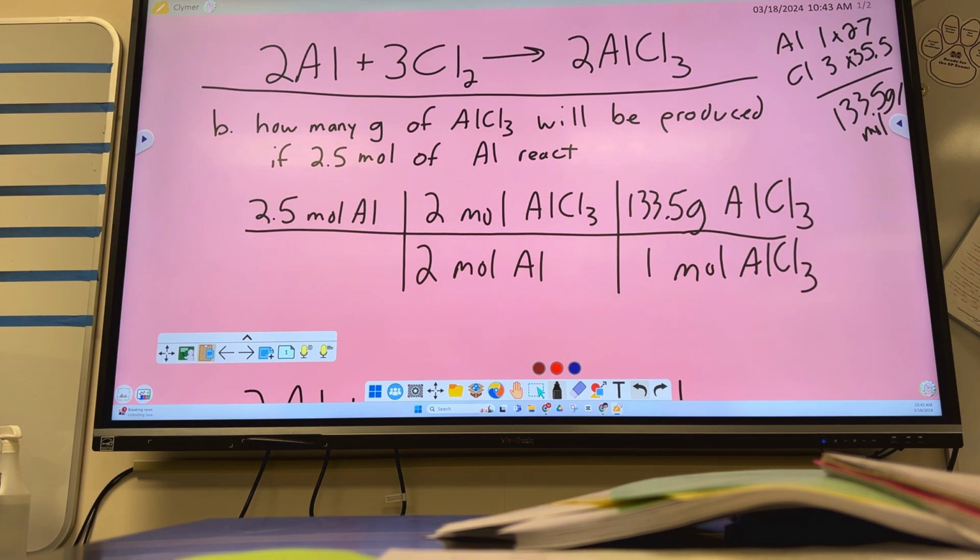And it's important as you go through these problems to look at and think about, where am I starting? Where do I want to get to? What are the different conversions that are available to me in my toolkit of sorts? Right? What can I do to get from, in this case, moles of aluminum to grams of aluminum chloride. That's the journey of these T-charts. And once again, they will get longer as we keep going.